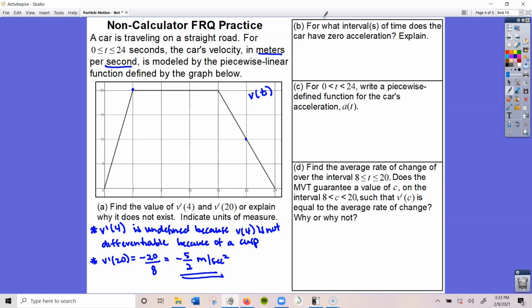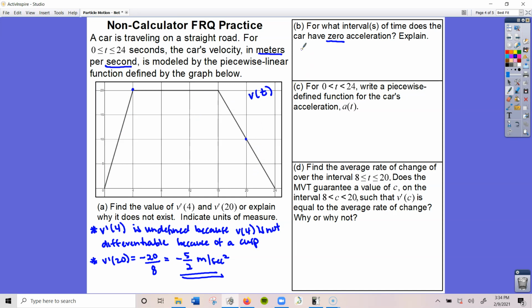For B, for what intervals of time does the car have 0 acceleration? A 0 acceleration means that the slope of the line would be 0, right? Because acceleration is the derivative of velocity, we want the part of the line here that would have a slope of 0.